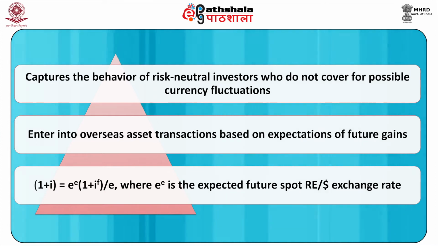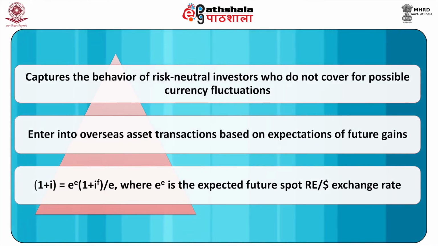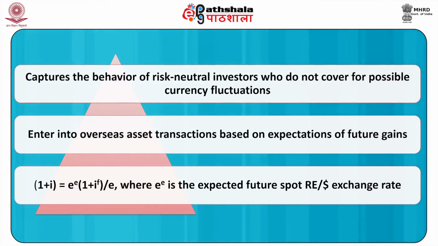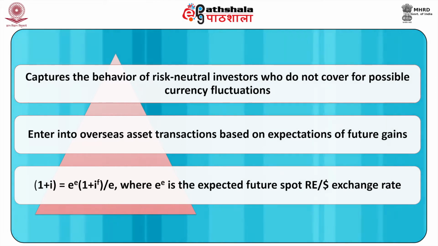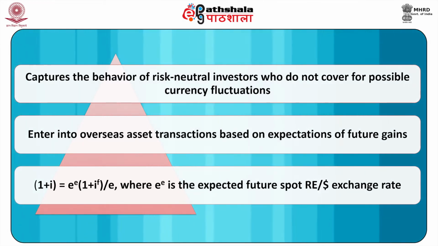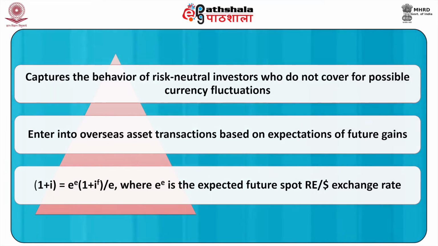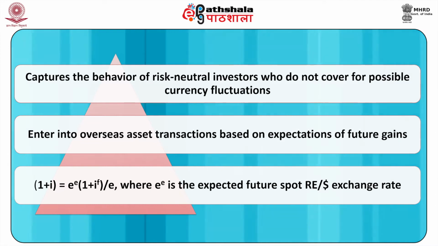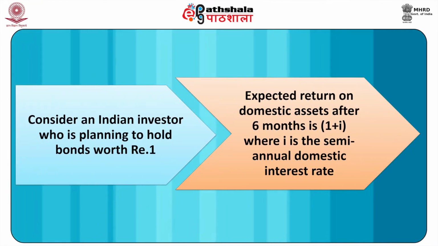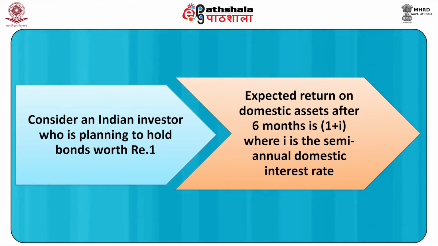It is shown in the equation form on your screen. 1 plus i is equal to e raised to power e, within bracket 1 plus i raised to power f, divided by e, where e raised to power e is the expected future spot rupee per dollar exchange rate. Similar to the case we discussed above, consider an Indian investor who is planning to hold bonds worth rupee 1.